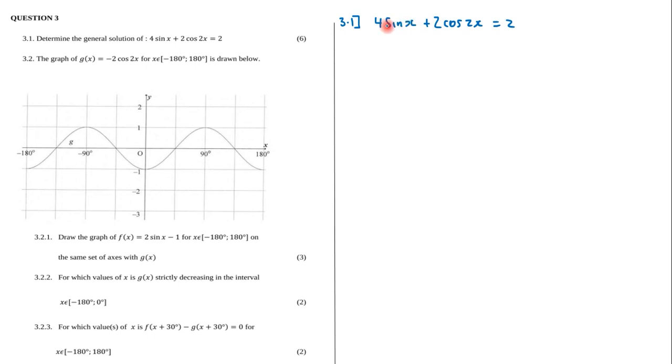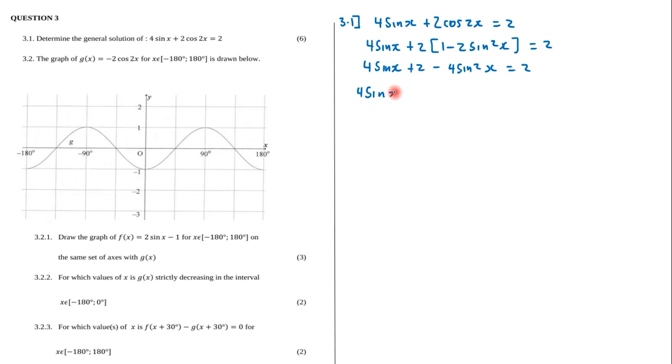Here I have sine x, right? So what I'm going to do first is to change cos 2x into 1 minus 2 sine squared x, equals 2. So this will help me to have something like that, that has sine on both sides. So I'll take this 2 across.